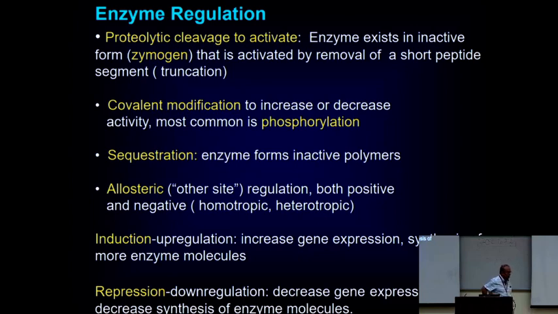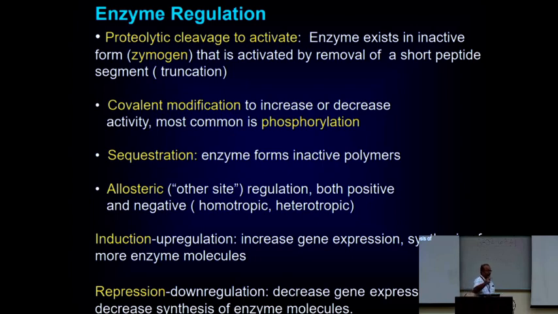So we're going to go through the different types of enzyme regulation. The first one, and I'll go through examples later on, but I'll give you an overview here, is called proteolytic cleavage to activate. That means an enzyme is produced as a zymogen, in an inactive form.